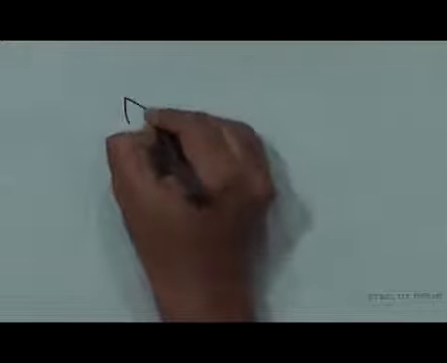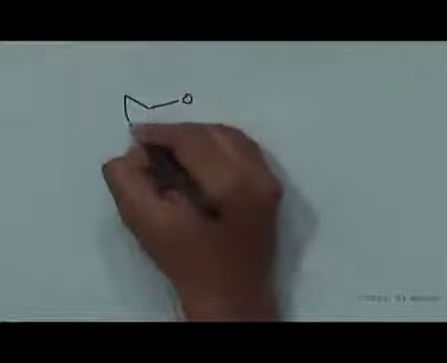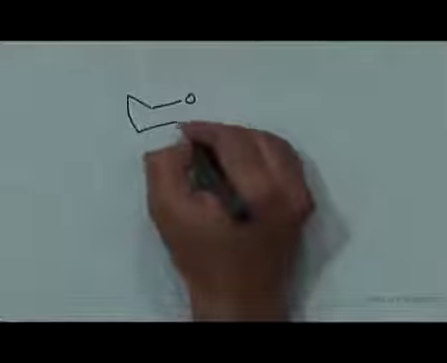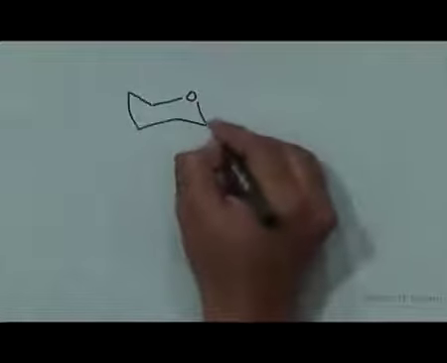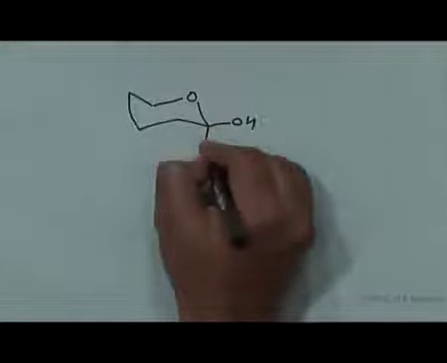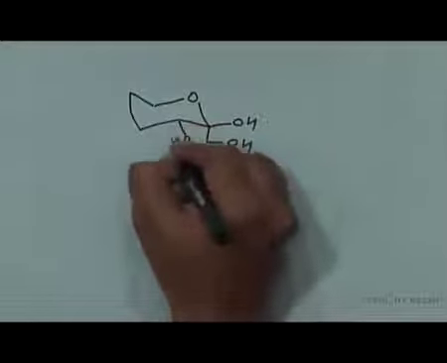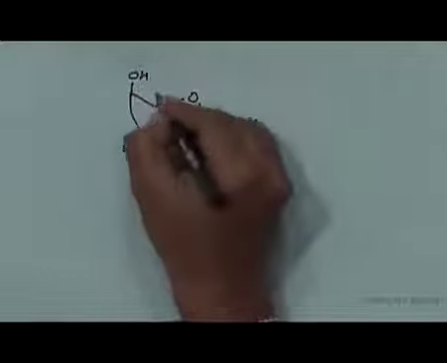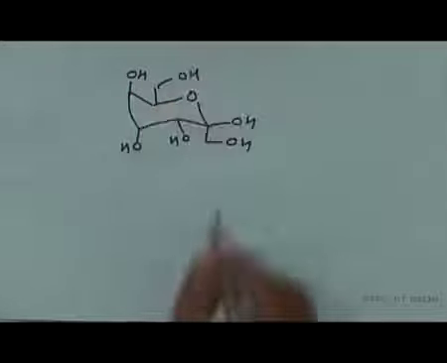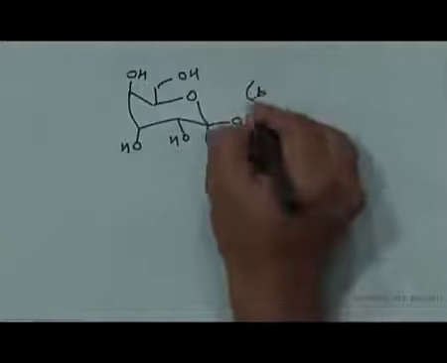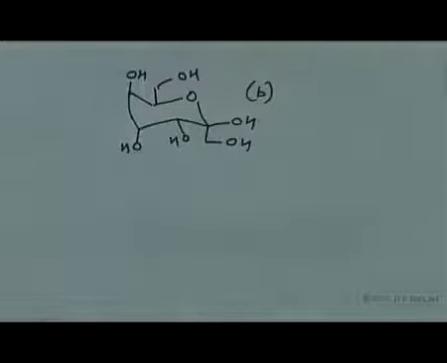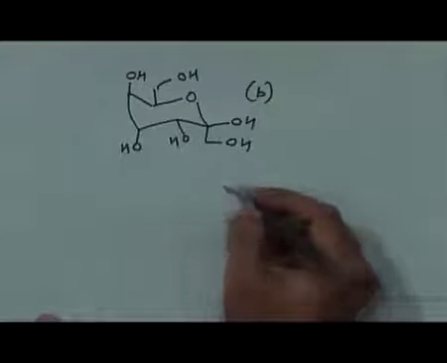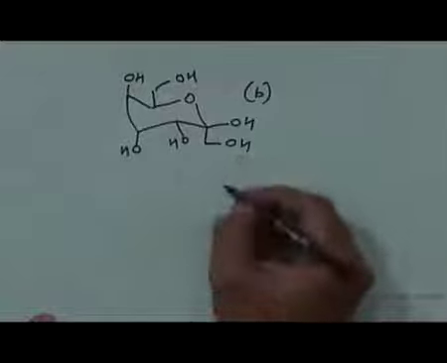Now, the second question is B: draw the Fischer projection formula for the chair form of the cyclic structure. Now you can see on this structure, this is B. Let us open it up so that we can translate it into the Fischer projection formula.